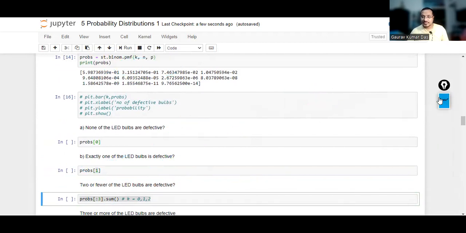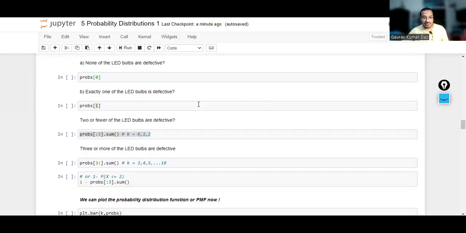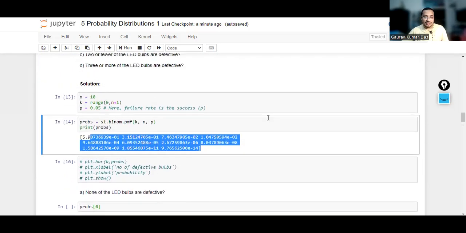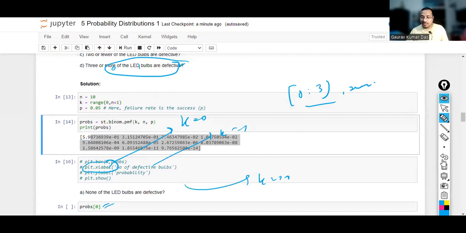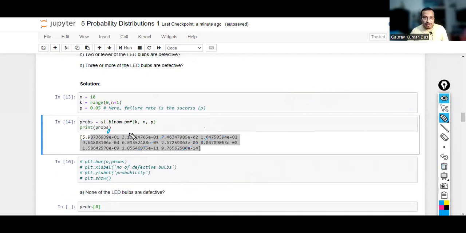First, you have to understand exactly what this is giving us, and then you have to solve it. Now, 3 or more. Tell me, which ones will it be? 3 or more, so this is 0, 1, 2, 3. From here to here, dot sum.